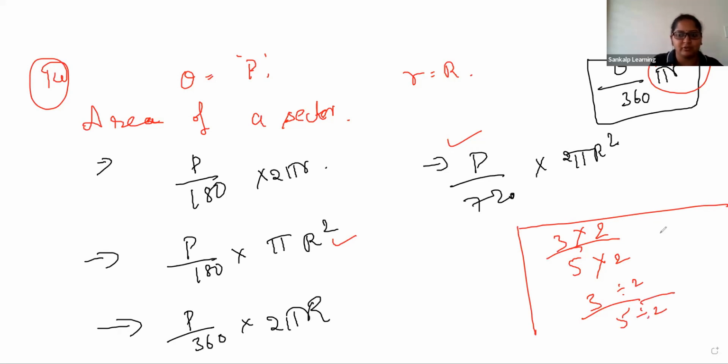So I have given you a clue, children. Looking at this, you have to apply it and tell me. Come on, fast. Okay, I'll give a clue, it is with 2. Okay, whether you multiply by 2 or divide by 2, look and tell me. Take this formula, theta by 360 into pi r square.